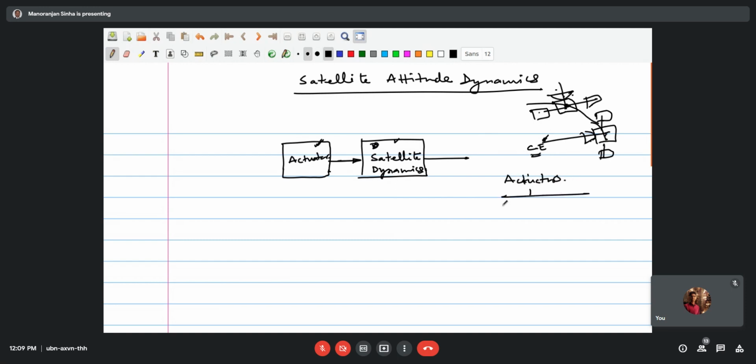So actuators are of two types. One is the inertial and another one is non-inertial. In the inertial category, we have the reaction jets, what you call the thrusters. Then you have the magnetic torquers. Then we can have the Lorentz torquers.